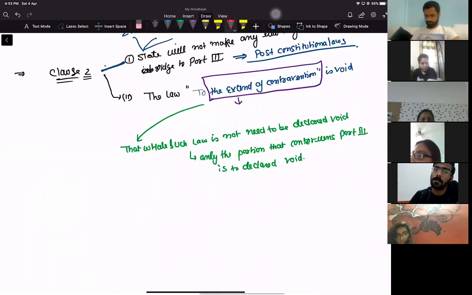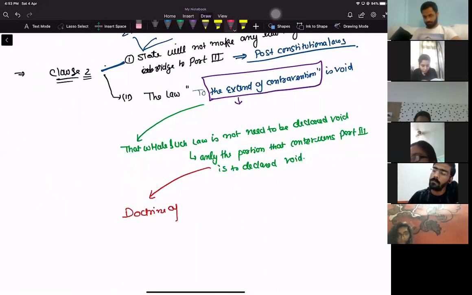This is where the doctrine of severability or doctrine of separability applies. So clause 2 basically talks about the doctrine of severability. तो सीवियर कर दो उसको.